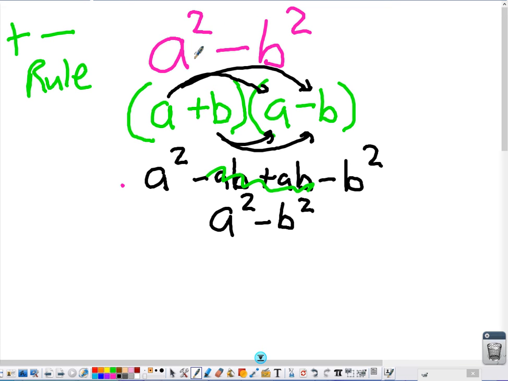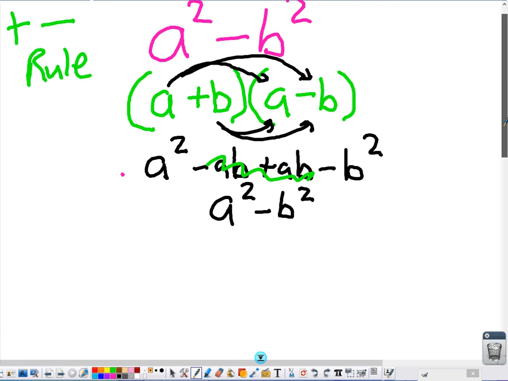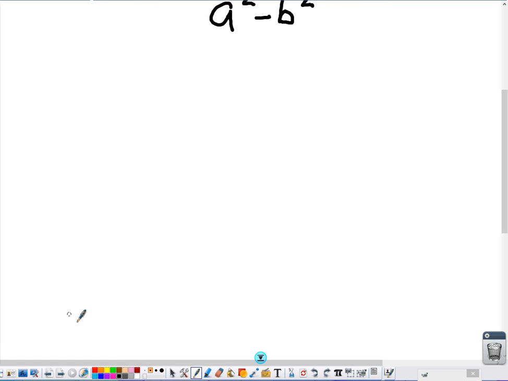If I have two perfect squares separated by a minus sign, I can simply take a plus b times a minus b. So let's see how that actually plays out in a problem. So if I had x squared minus 9, well, first I need to figure out what a would be and what b would be.